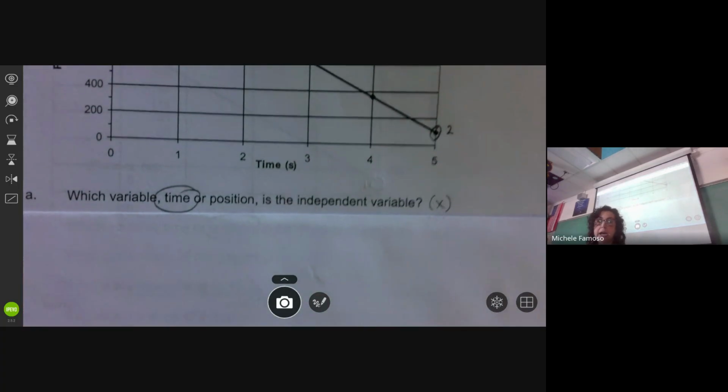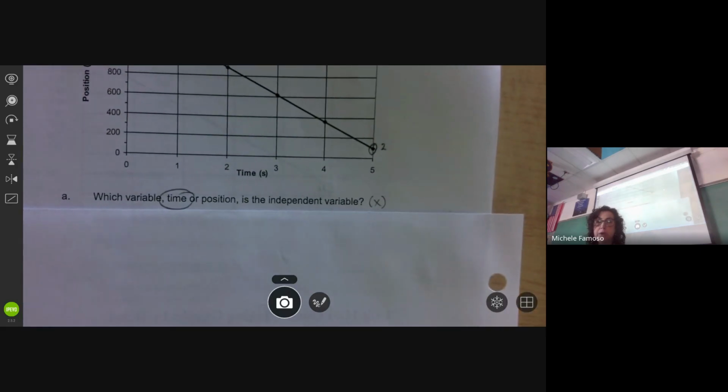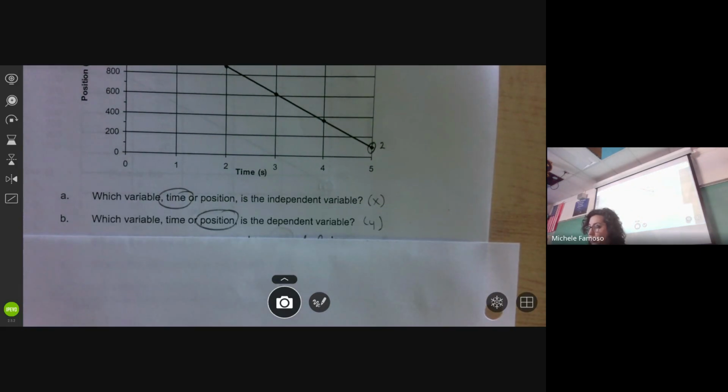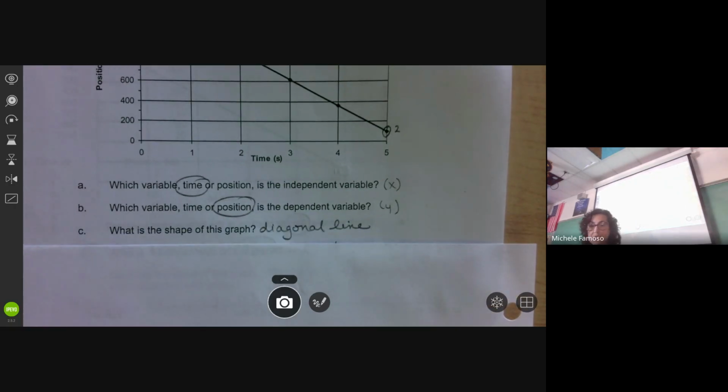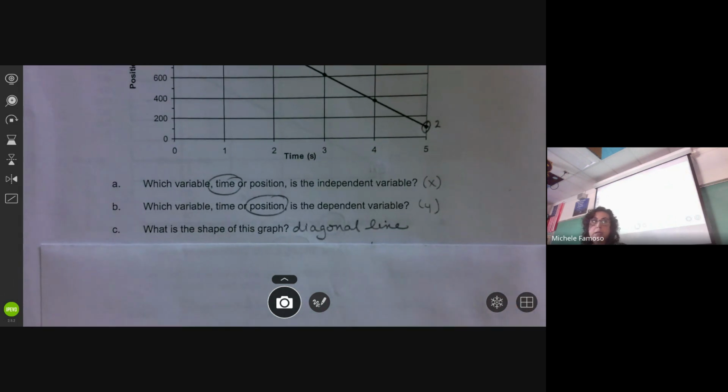So number 2A, you should have selected time as the independent variable. 2B, the position is the dependent variable. Part C, the shape is a diagonal line. Both words are necessary. Letter D, the relationship is indirect.